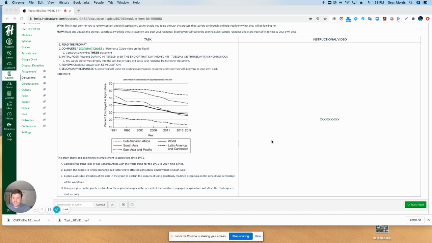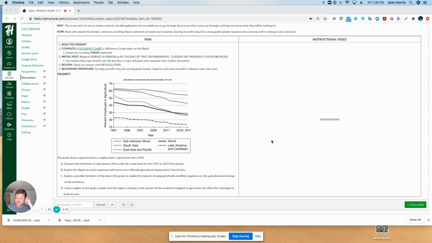So that could be why, but it doesn't say anything in there about GMOs, so you don't know. You don't know exactly why they're leaving. Is it because the job is more efficient? The industry is more efficient due to mechanization, due to genetically modified organisms or artificial fertilizers? We don't know. That's the limitation. Doesn't show us.